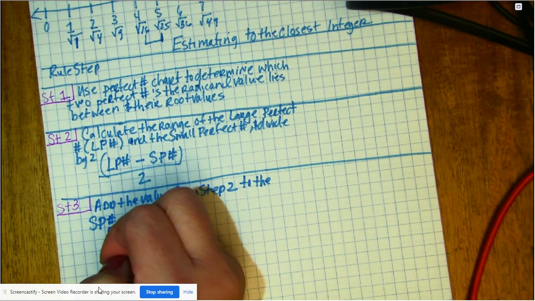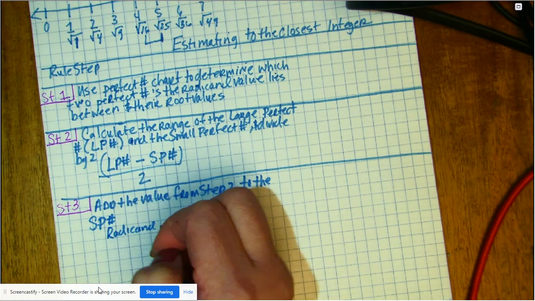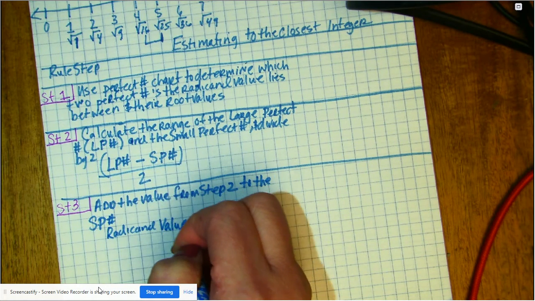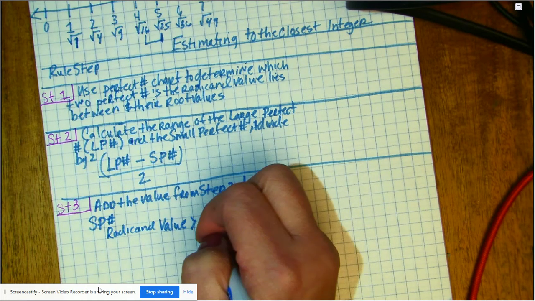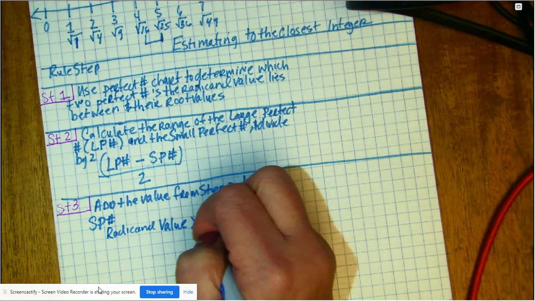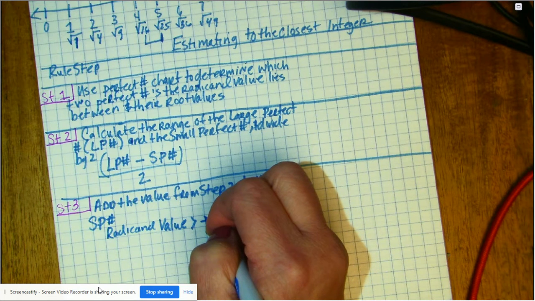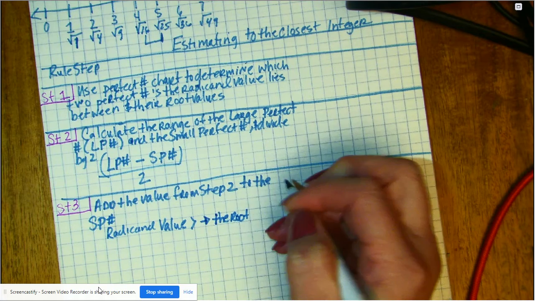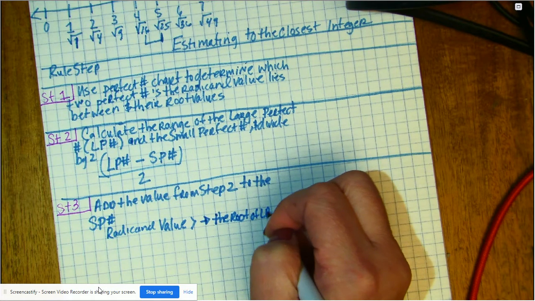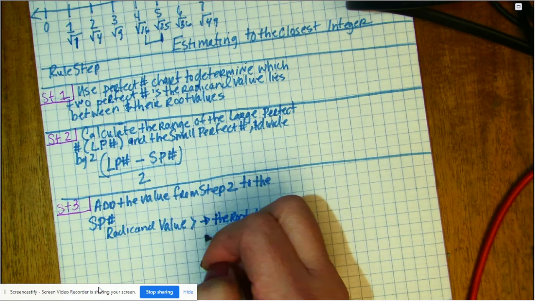If our radicand value is greater, the root of the large perfect number is the closest integer.